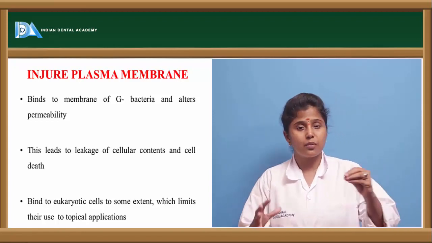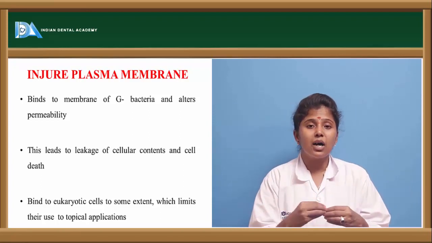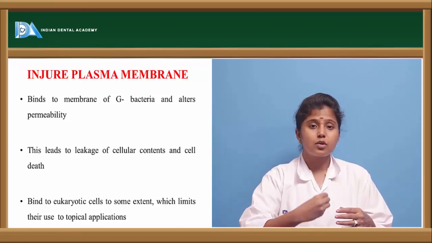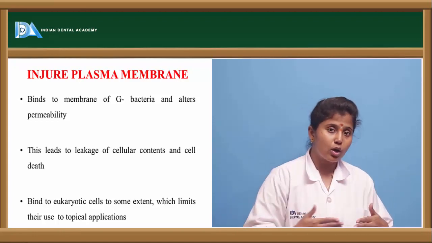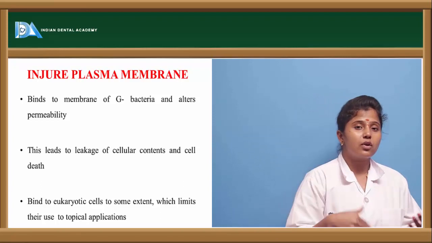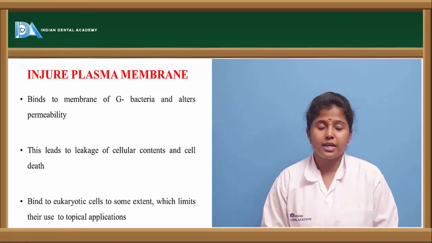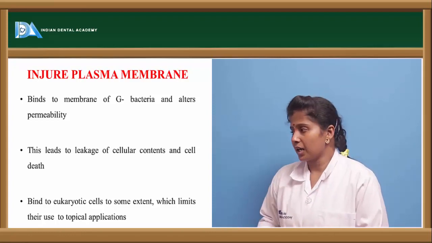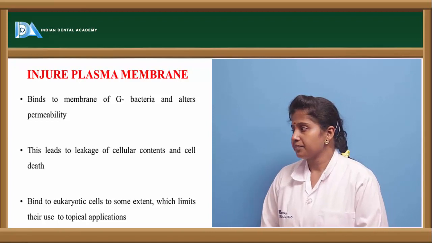They will bind to the gram-negative bacterial cell, and thereby they won't allow other compounds to diffuse. Whatever the cell contents are, the compounds from inside the cell will not be diffused through the cell, and this leads to leakage of cellular contents, and thereby cell death occurs, and it binds to the eukaryotic cell to some extent.